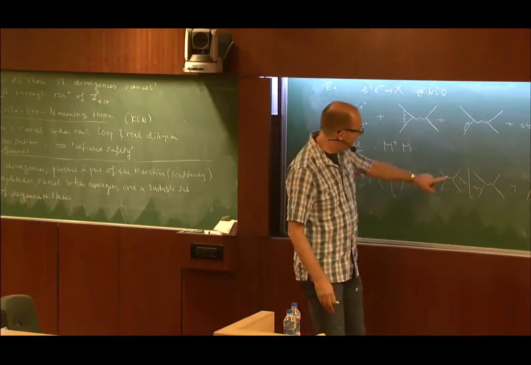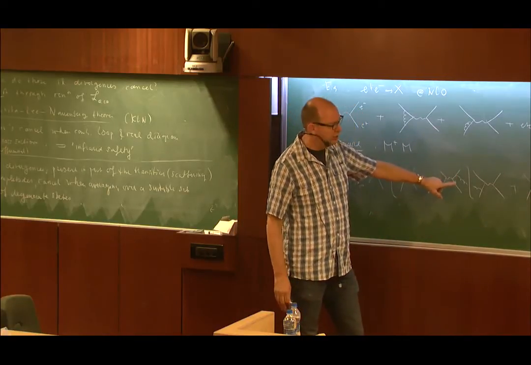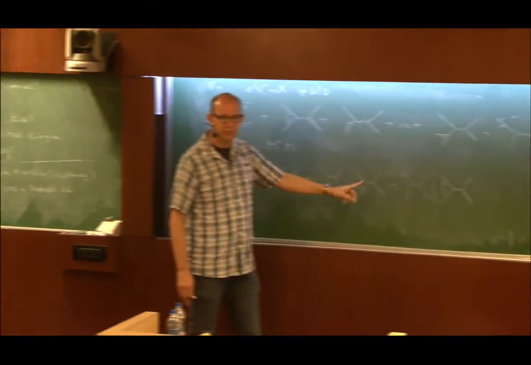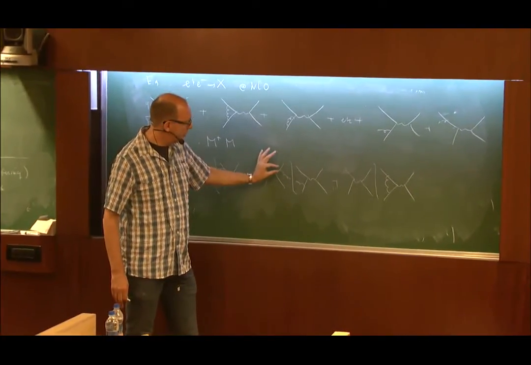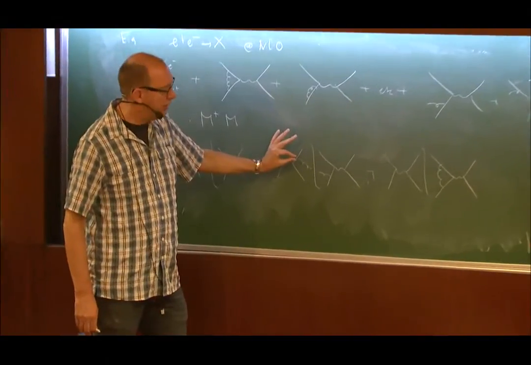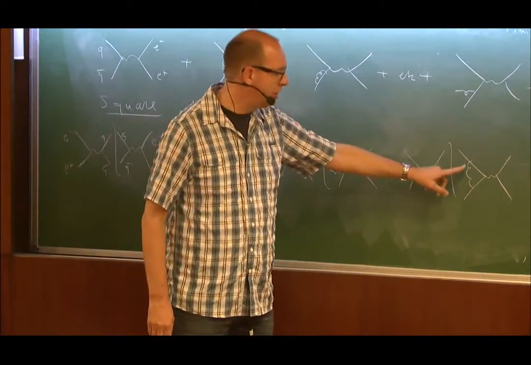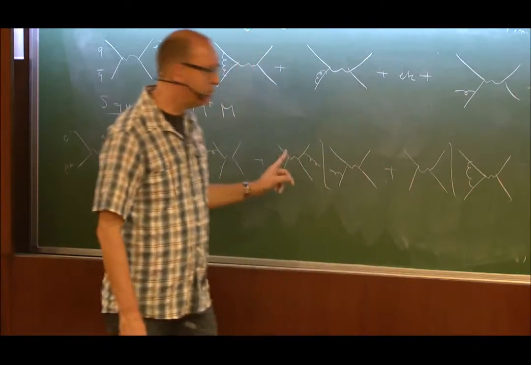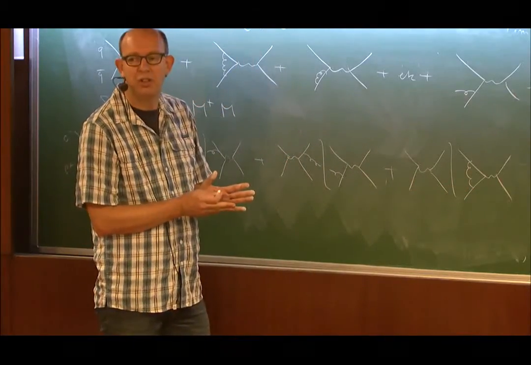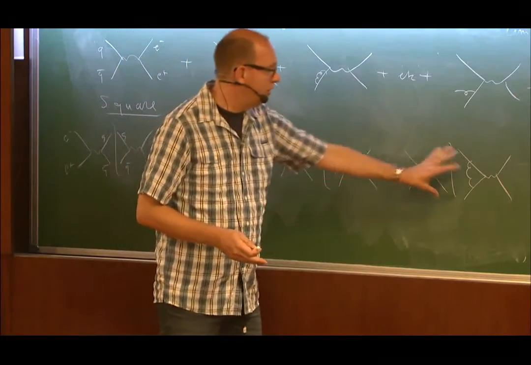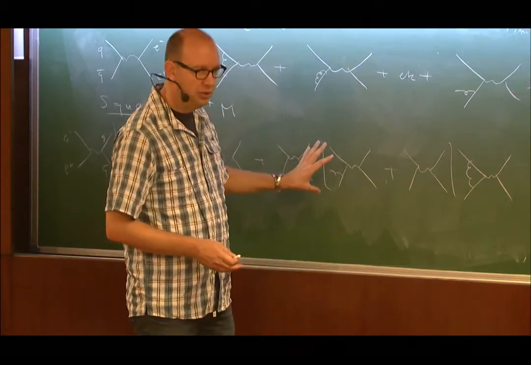You can also see that if this becomes very collinear, this is actually the calculation we just did, this interference term. When this becomes very collinear, it is more or less the same phase-space region as this, except this gets reabsorbed on the line, this gets emitted, but it's the same type of collinear divergence. So these two indeed are very, very similar.